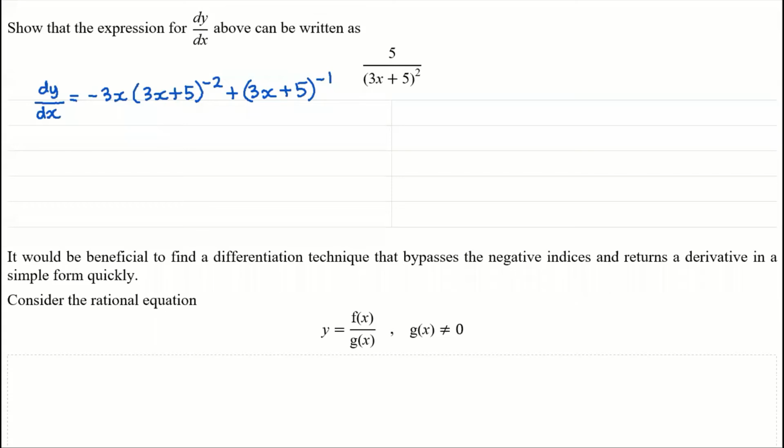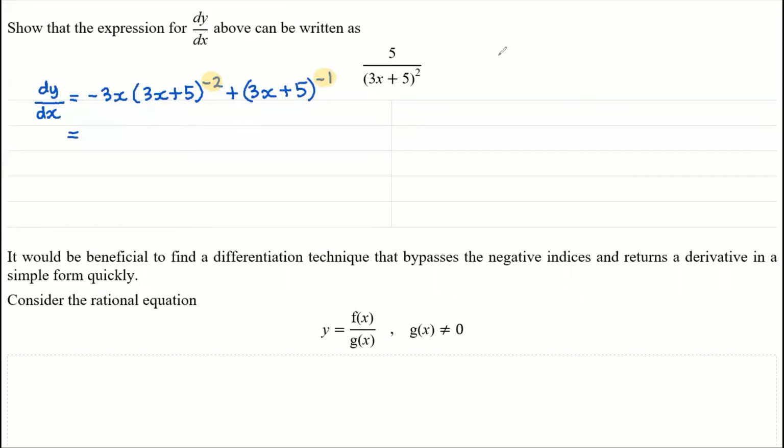All right, so what I've done first, I've just written out the derivative, and we're going to write each of these terms as rational expressions. We've got the -2 power there, so using the laws of indices, that's going to be a fraction over 3x plus 5 squared. And similarly, I'm going to have a fraction with 3x plus 5 to the power 1 in the denominator there.